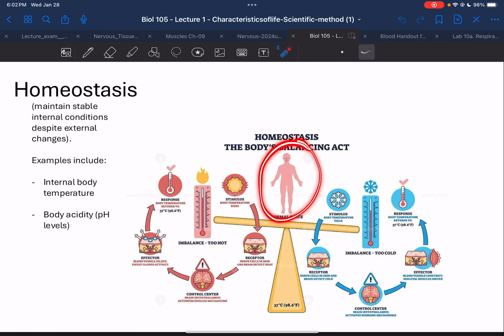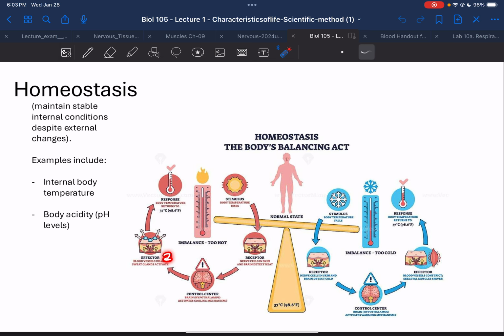So when you think of any person, inside of them, you know that there's a way to cool your body off, right? For example, if the sun's really hot, it raises your temperature. It becomes too hot. Here you can see that there are receptors on your skin that will alert the brain, certain areas of your brain that you don't control, like the hypothalamus. And then it's going to cause blood vessels to open wider.